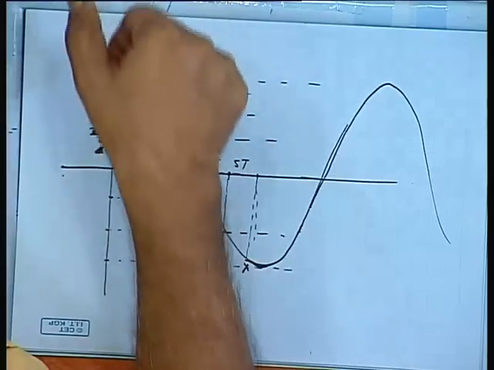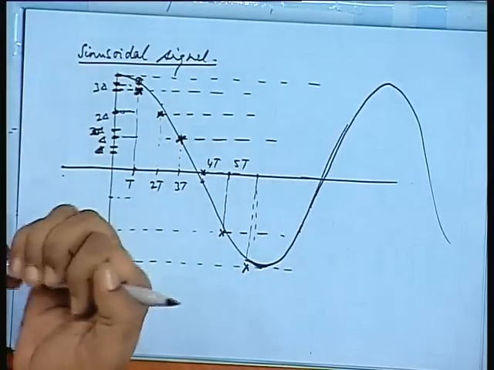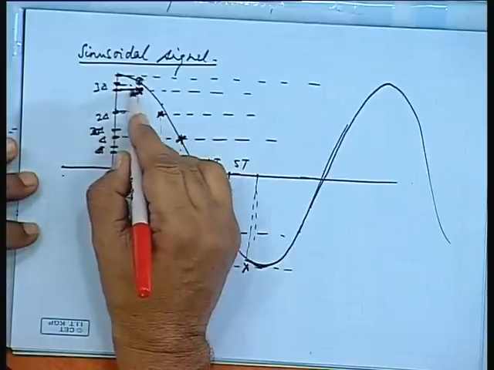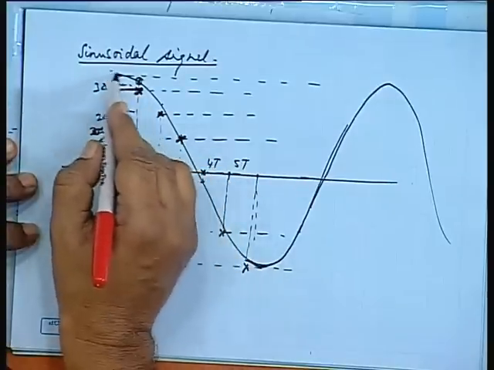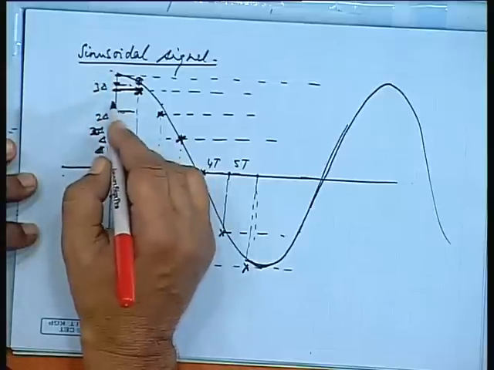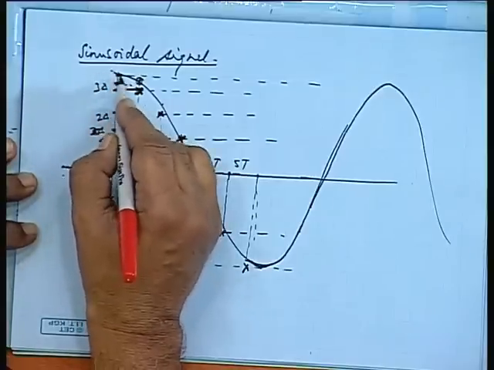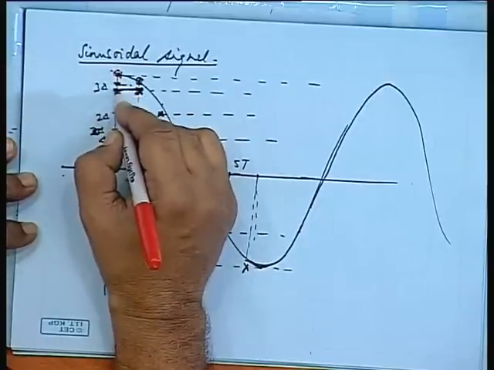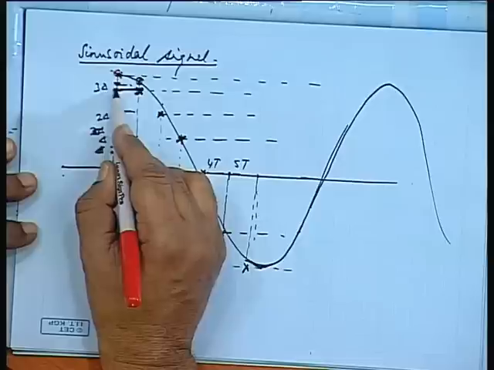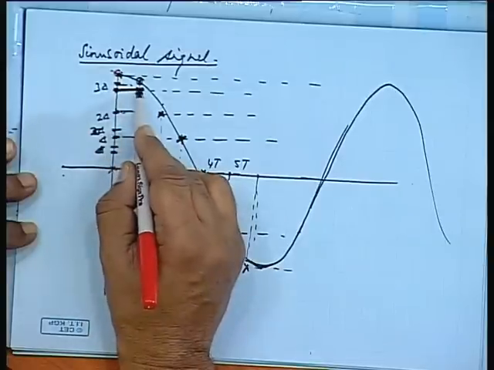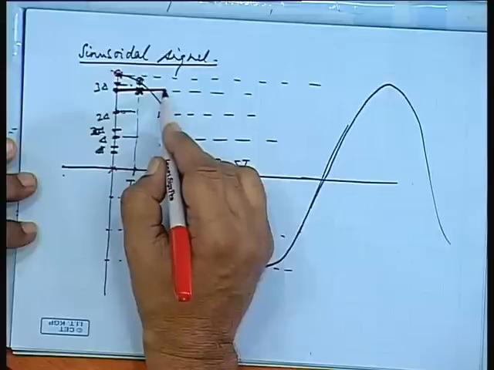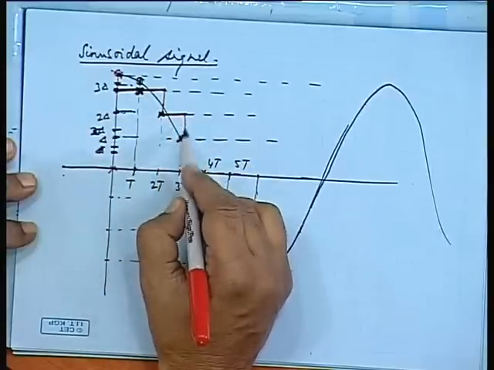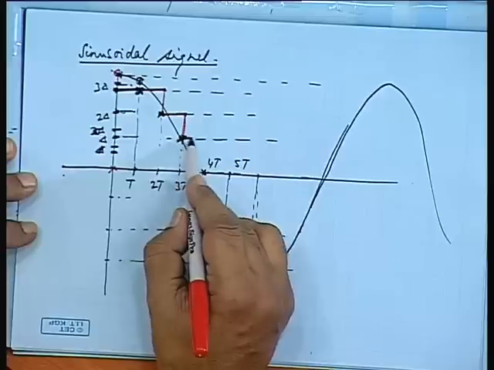If I join, this sinusoid will appear as, say, previous to this I have not sampled, I have not shown you the sample value. If I start a sampling here, so it will be also like this. So, it will be a function like this, it will continue till the next instant, then it will come here, then it will be like this, then it will be like this.